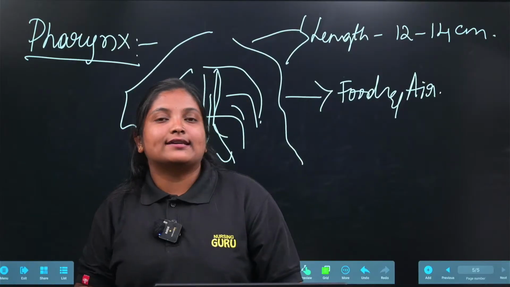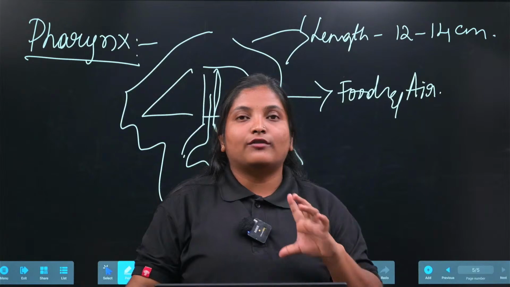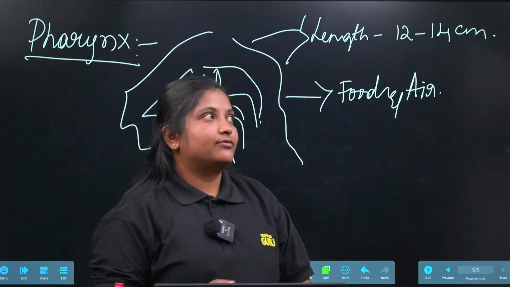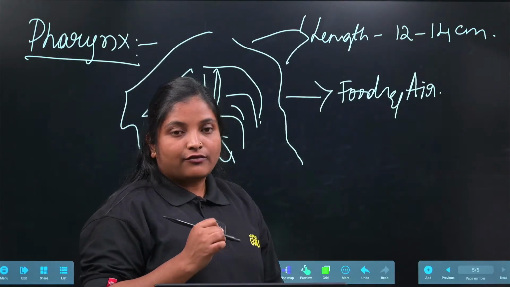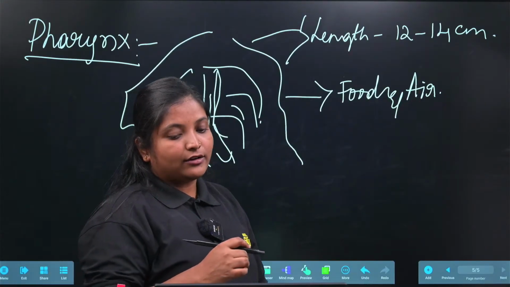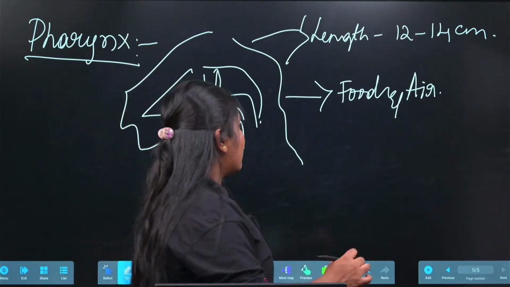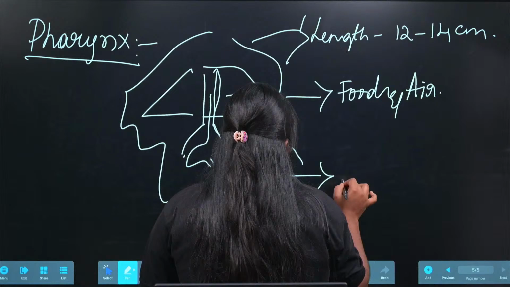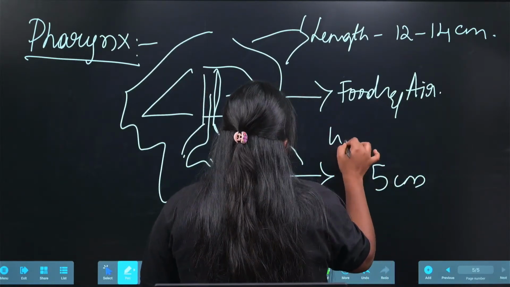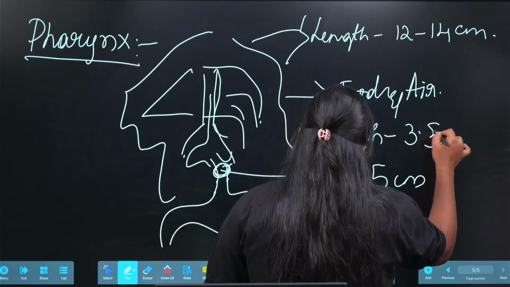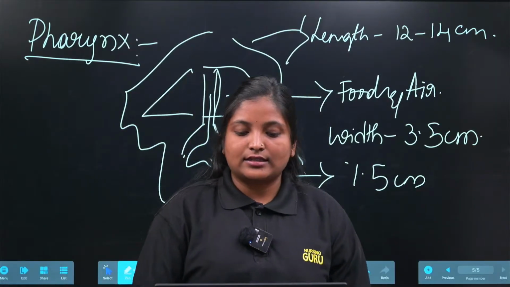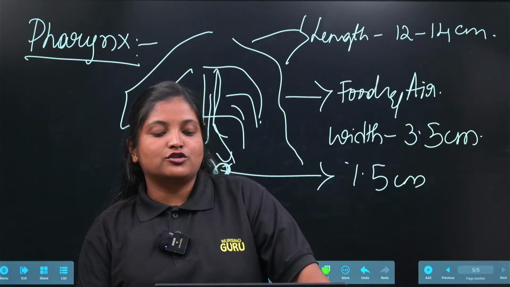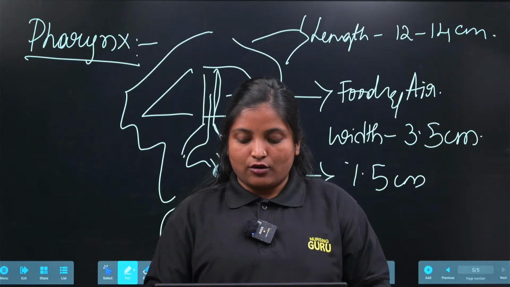Next is its width. The width is 3.5 centimeter at its base, and 1.5 centimeter at the pharyngo-esophageal junction, where it meets the esophagus.